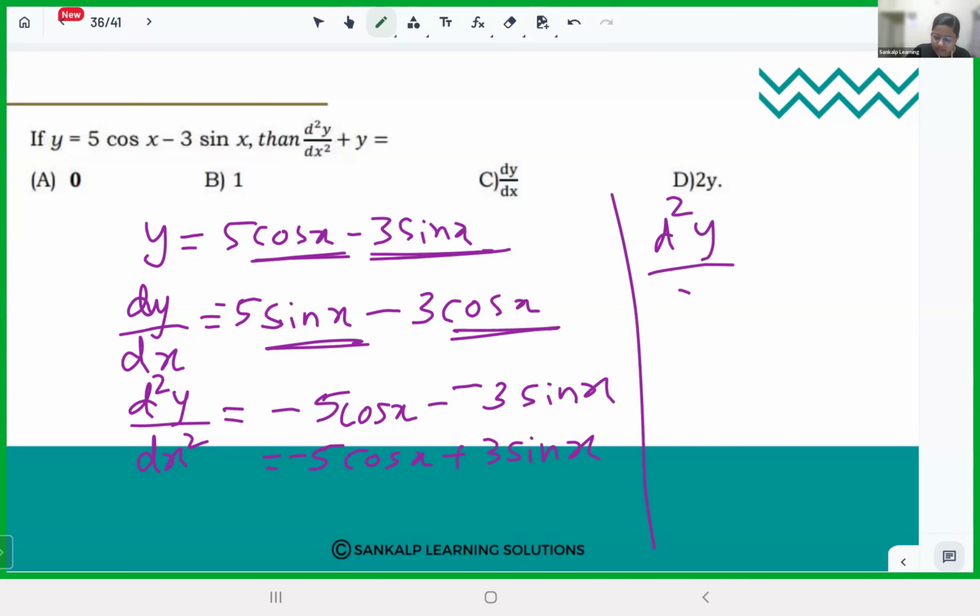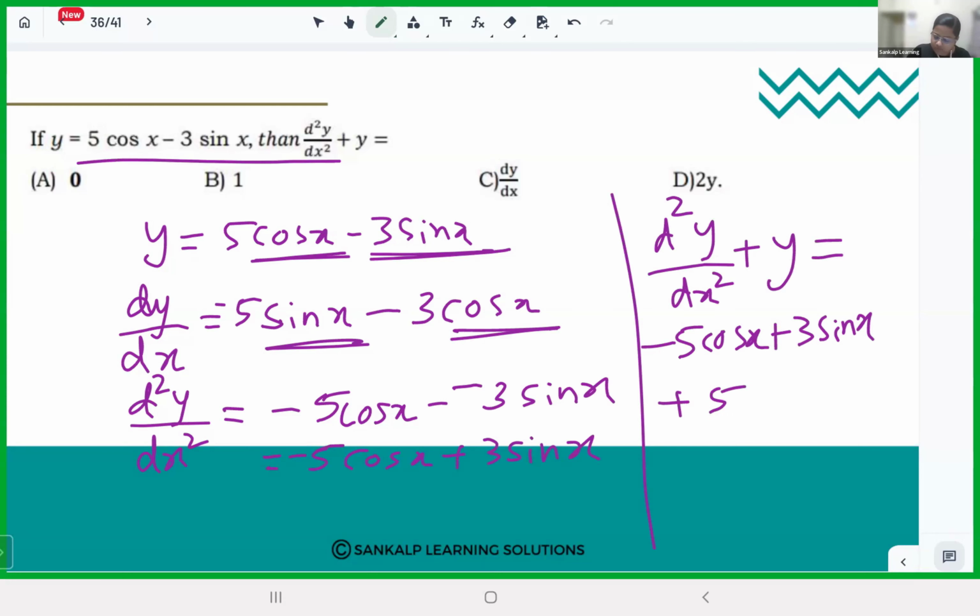D square y by dx square plus y is equal to minus 5 cos x plus 3 sin x. Then y is given as 5 cos x minus 3 sin x. So minus 5 cos x and plus 5 cos x get cancelled. Similarly, 3 sin x and minus 3 sin x get cancelled.